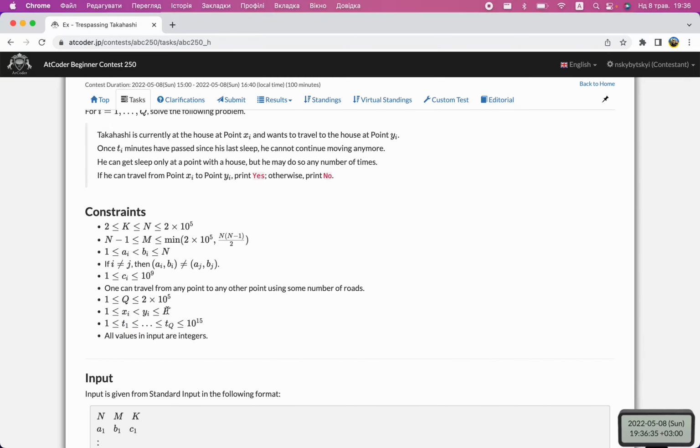So obviously this was too hard because the number of edges is k-squared. Also, I needed to somehow compute k-squared distances, so that was not going to happen.